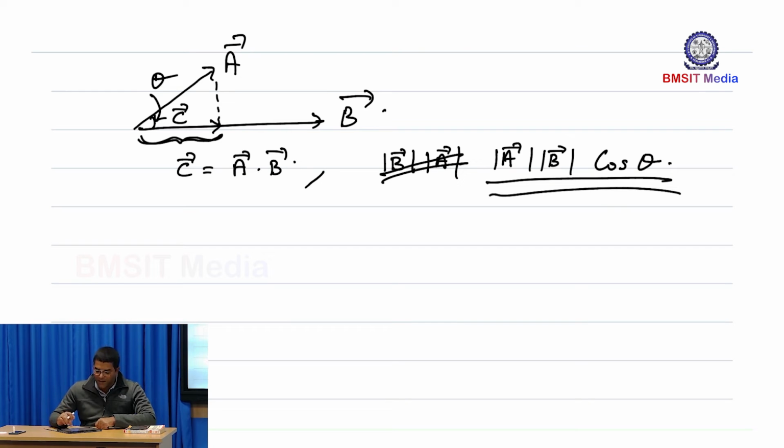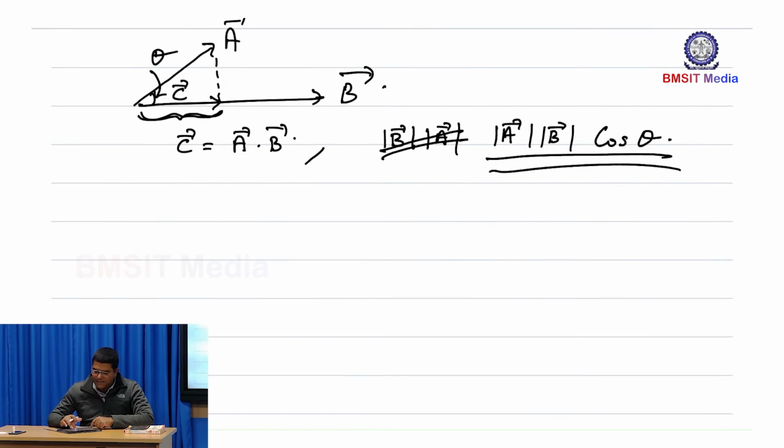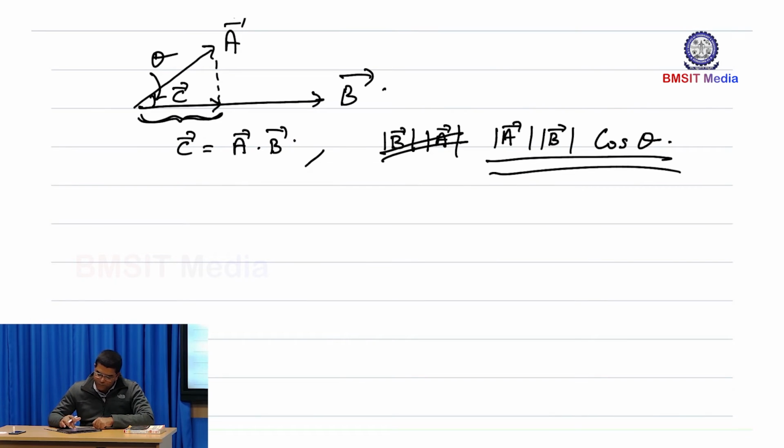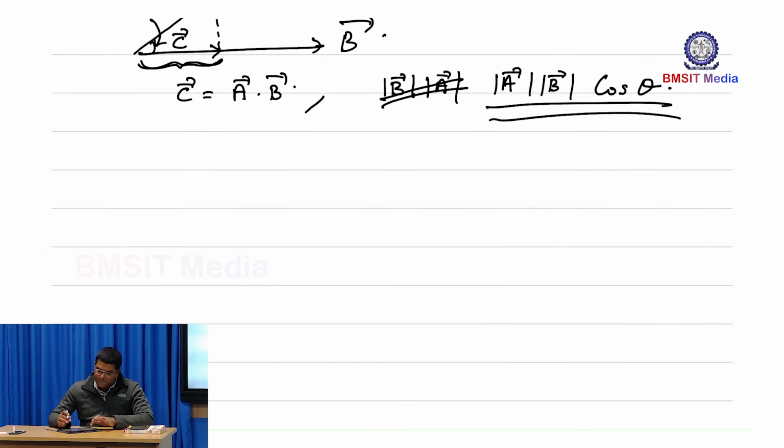That is the representation of a dot product, and we will be able to use these dot product concepts in various applications like divergence. Let us take one example.